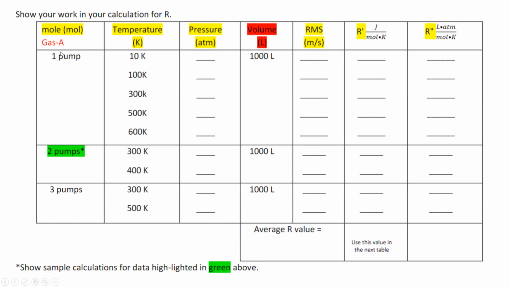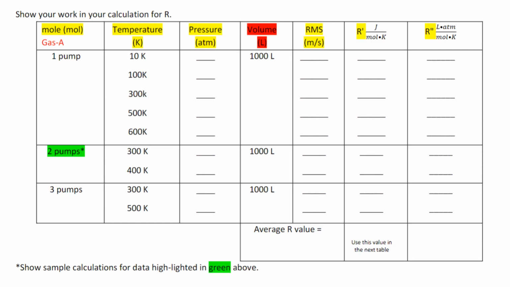Remember when we looked at the number of pumps and the different temperatures, we recorded pressure and we recorded the root mean square value. So we can just copy that data from our previous data table, which was data table 7A. And then we're going to be doing calculations of R prime and R double prime.